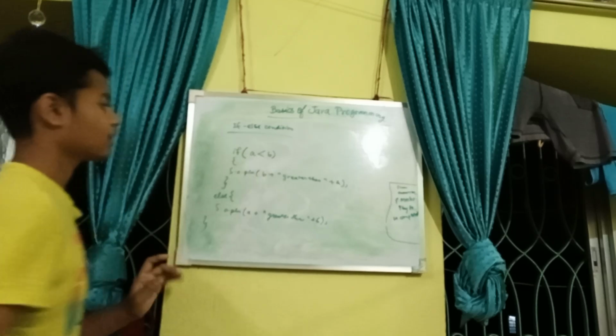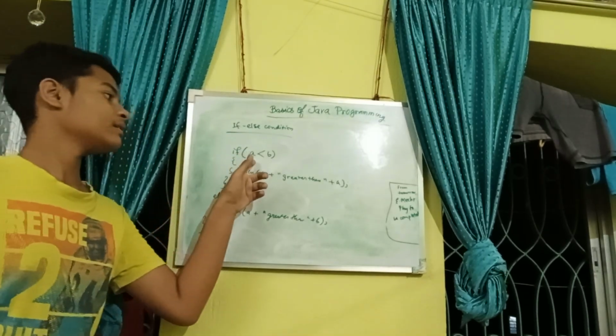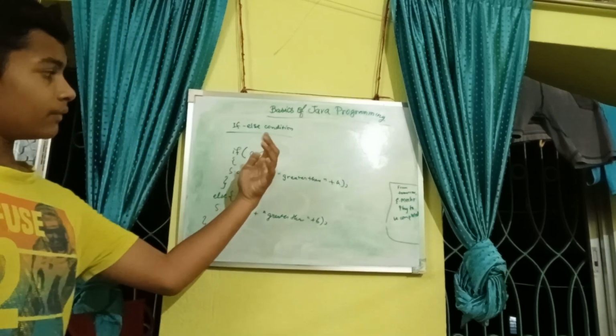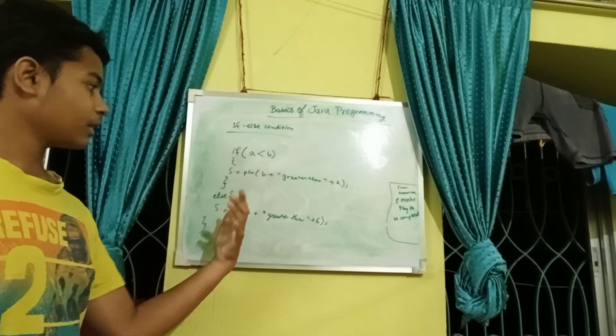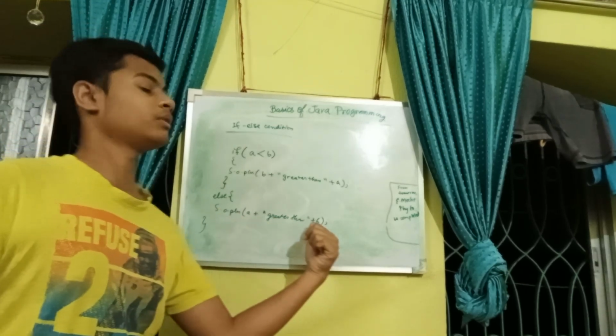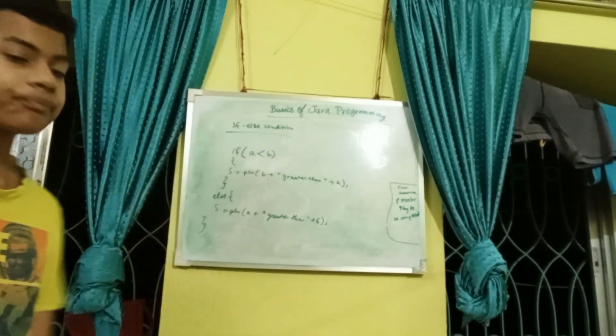See, these are the conditions. If A is less than B, then B is greater than A. And if it's not, then automatically the cursor will come to here and execute this statement.